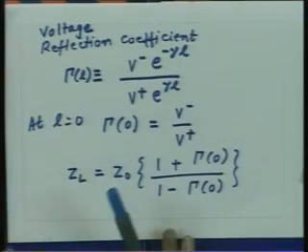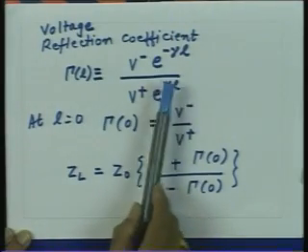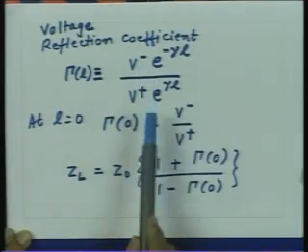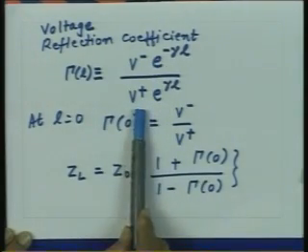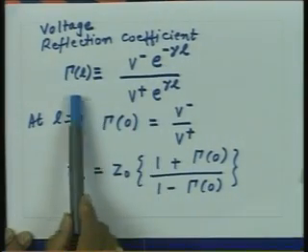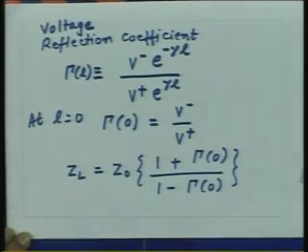This quantity is related to the energy reflected from the load end, and we defined this parameter as the voltage reflection coefficient, the ratio of the reflected voltage to the incident voltage. Both these quantities are complex in nature, and that is the reason the reflection coefficient at any point on the transmission line is complex.